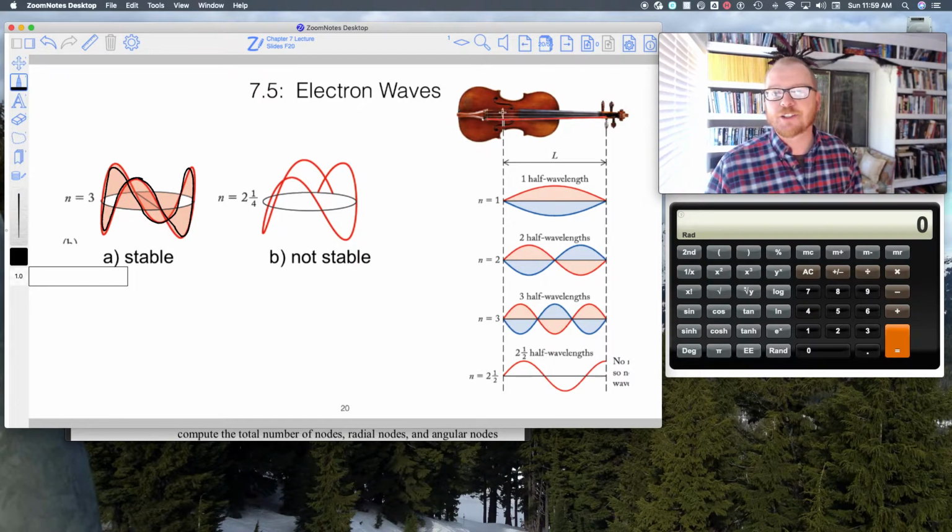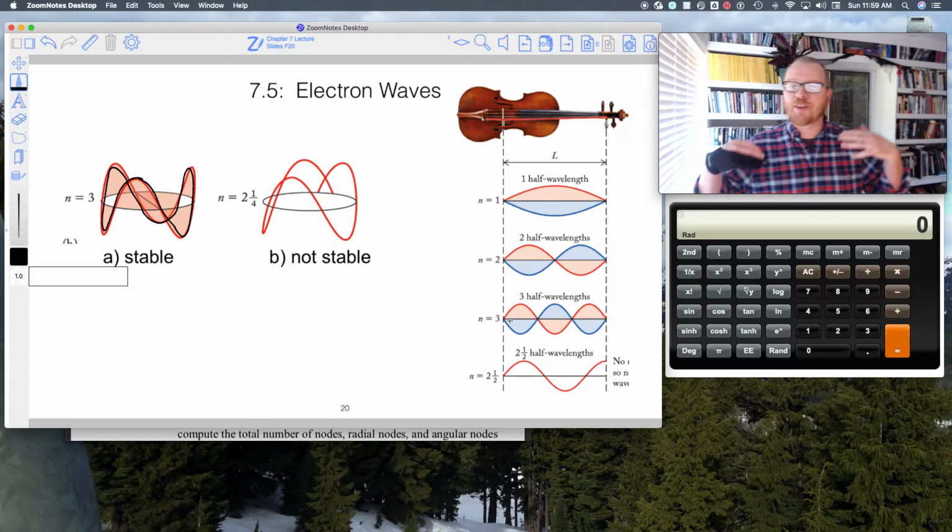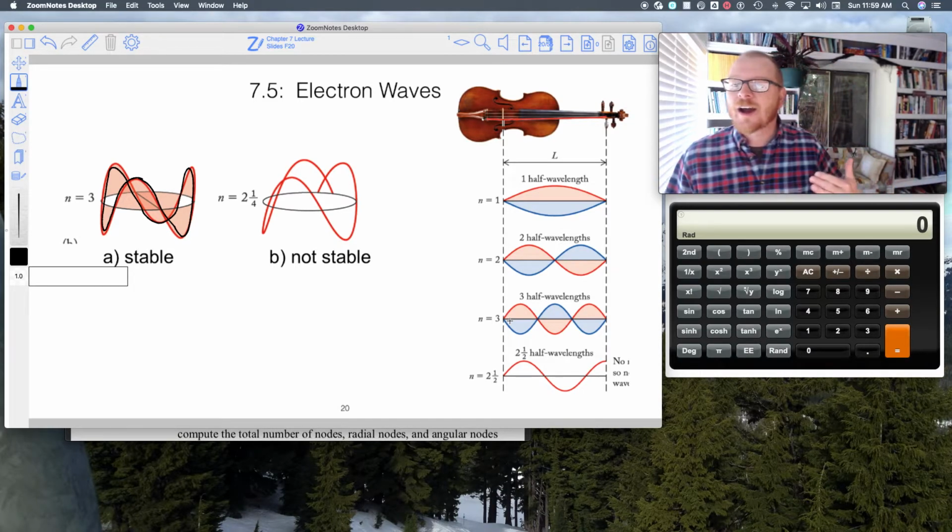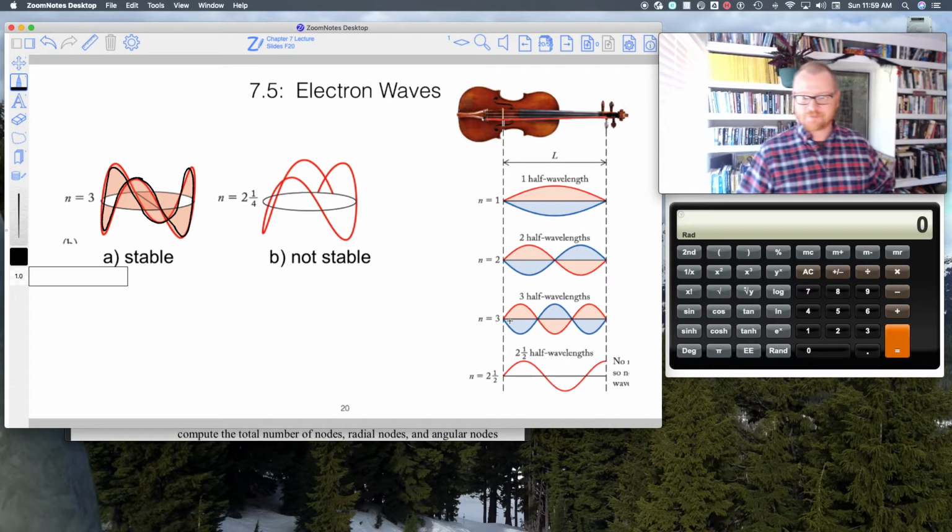So let's say you're plucking the string right here, and the bridge is located right here. Well, this becomes some length, okay? And so now if you get exactly 1/2 wave occurring over this, that would be the principal quantum number. So that would be the principal tone of the instrument.